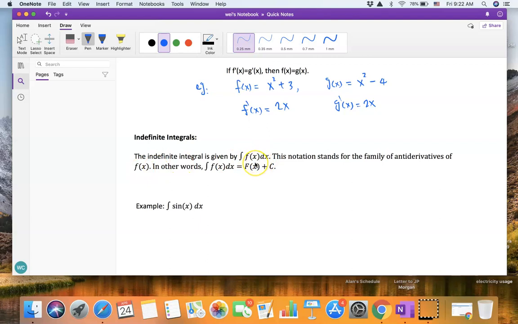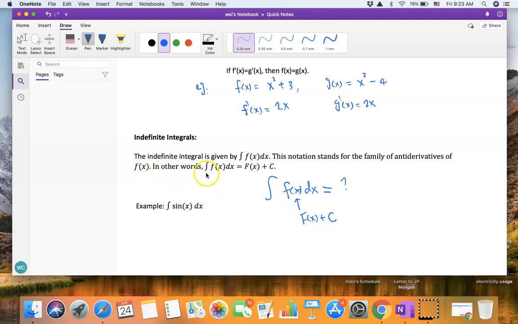So in other words, if we are given this symbol and asked what it equals, what we are asked to do is to determine the antiderivative of this function f(x), and then add c, so we can find the family of antiderivatives of this function f(x).